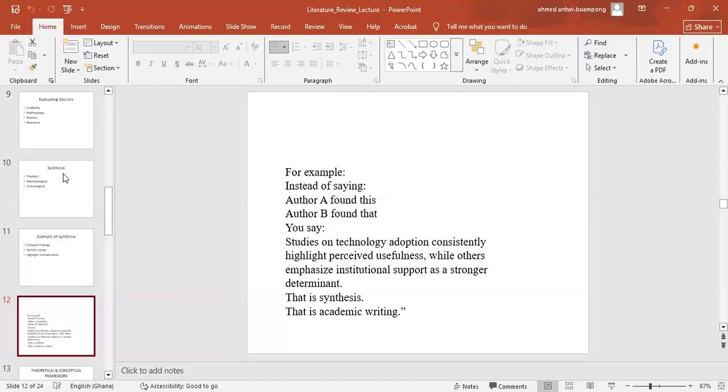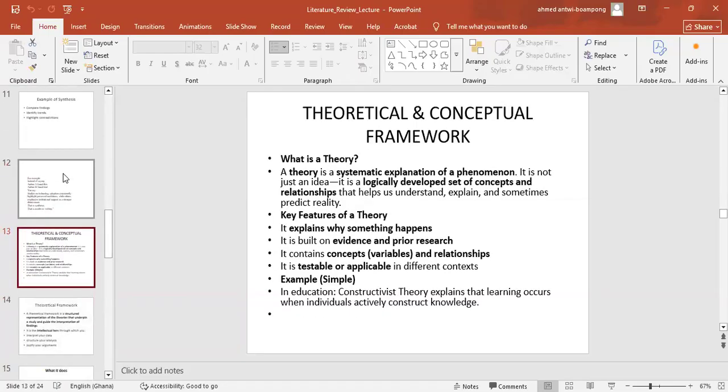And so rather than saying any of these, in terms of synthesis, you can say studies on, say, technology adoption consistently highlight, you can lump them together by way of what they say, okay, whilst others emphasize, so that the synthesis is more academic and straightforward. Is that okay?